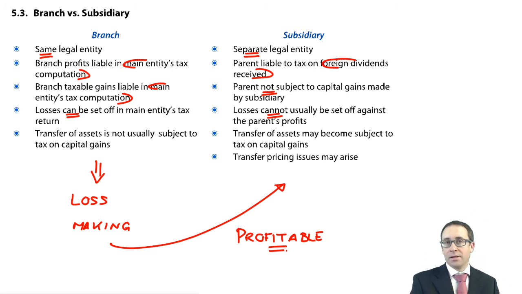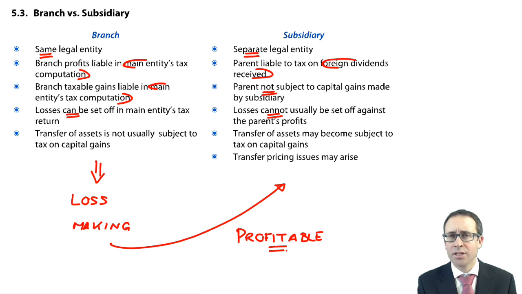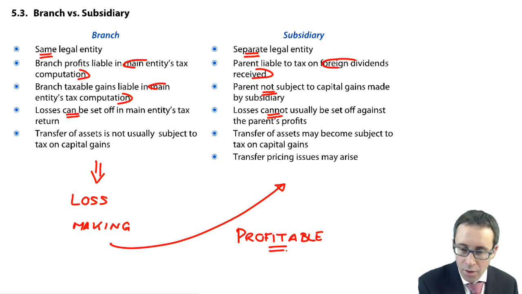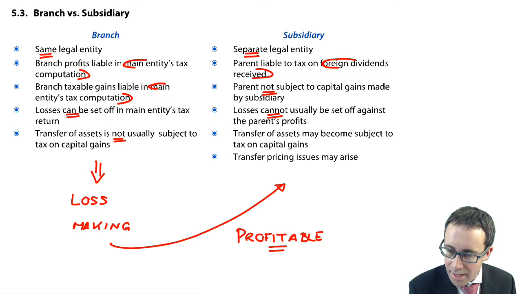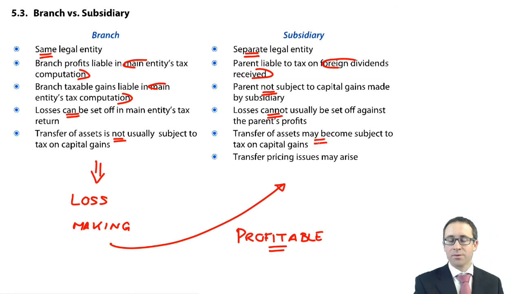Again, it just starts talking there about the transfer of assets. Whilst it's a branch, maybe you're setting up the business and you're moving assets between the branch and your main part of the business back home. So that is not subject to corporation or capital gains tax, whereas if you have a subsidiary, it may be subject to capital gains tax.